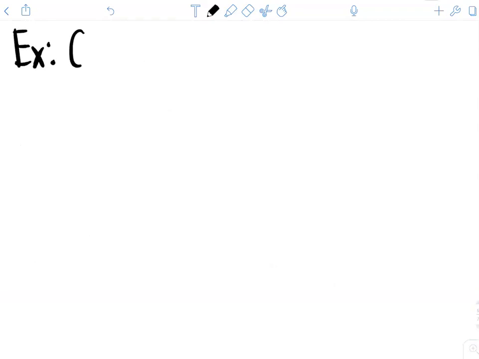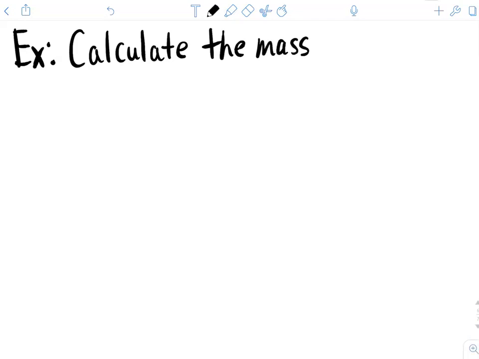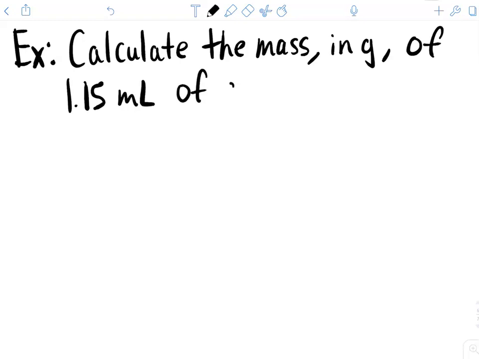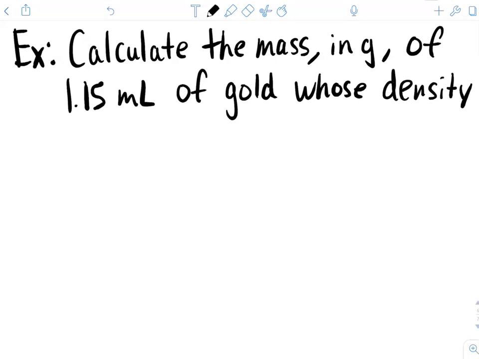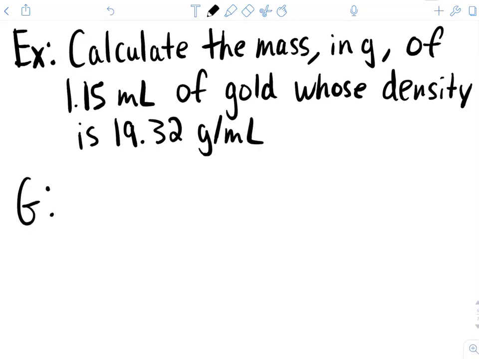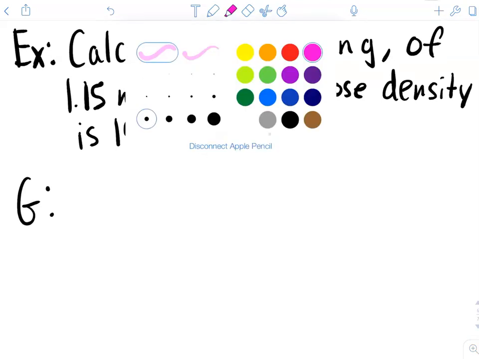So in this one, we're going to calculate the mass in grams of 1.15 milliliters of gold whose density is 19.32 grams per milliliter.